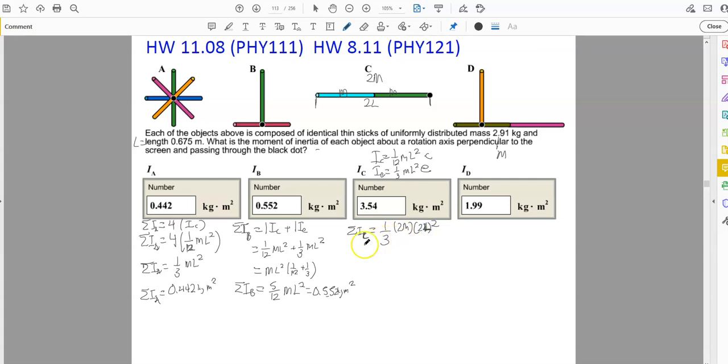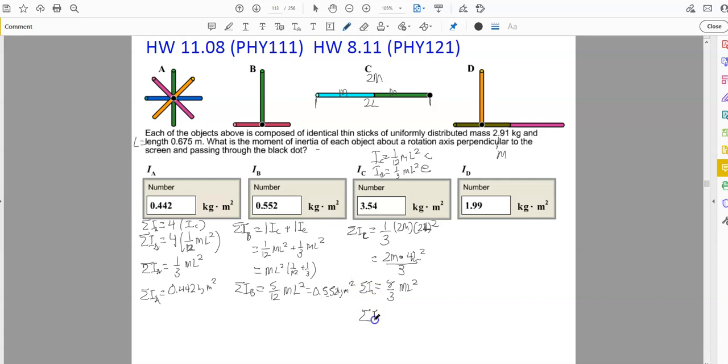So this is 2m times 4L squared divided by 3, which is 8 divided by 3, so 8/3 mL squared, which is the moment of inertia at C.